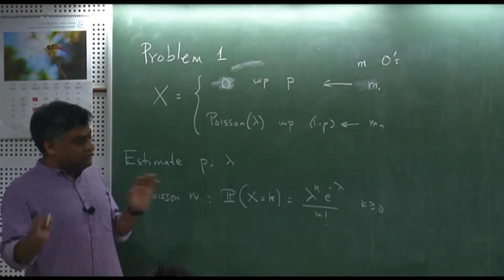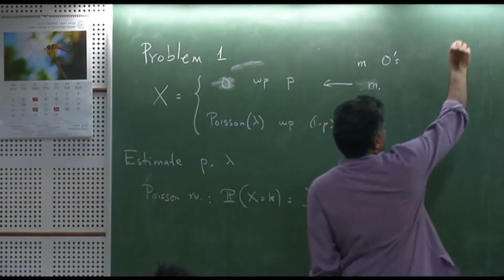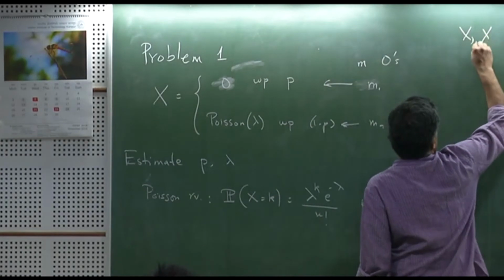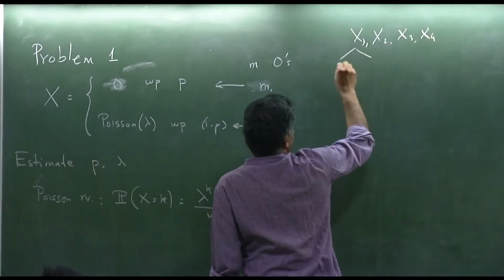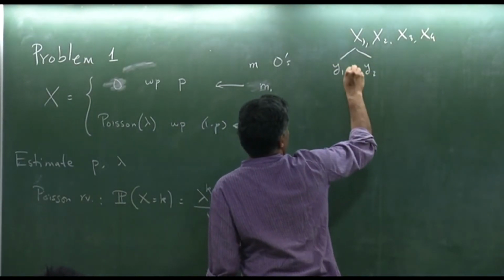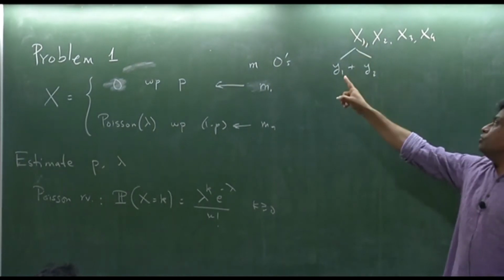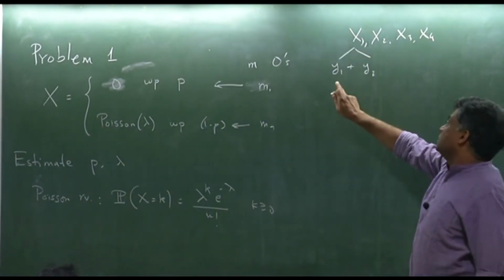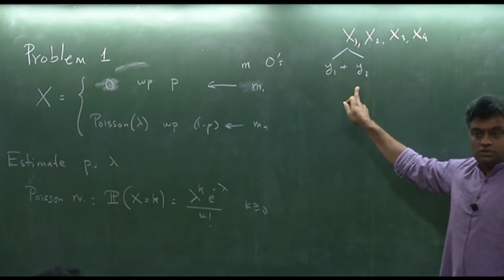Alright? And if you remember, if you go back to one of the examples that we worked out yesterday, there was x1, x2, x3, x4, and the problem was that this guy had a y1 and y2. y1 plus y2 was equal to x1. I didn't know how many times y1 came, how many times y2 came, and the moment I knew one of those, my life was easy.